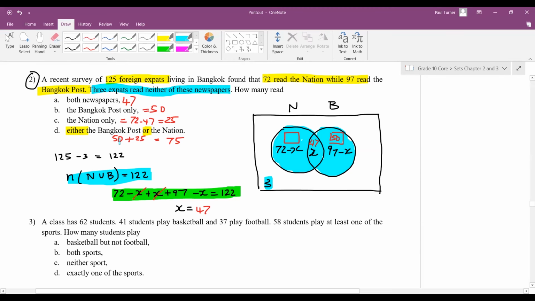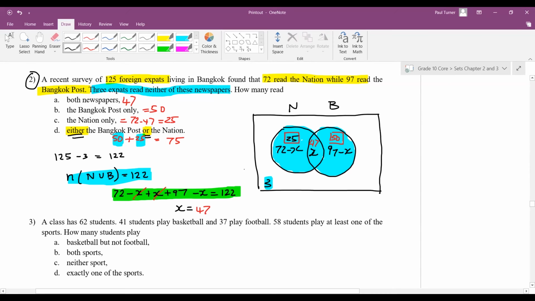So this is Bangkok Post only, 50, and this is Nation only, which is 25. So either or. So that's one thing to be aware of here, either or. So I'm excluding the middle number 47. I should write 25 in here.